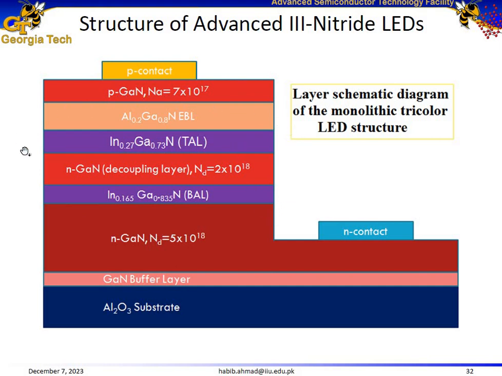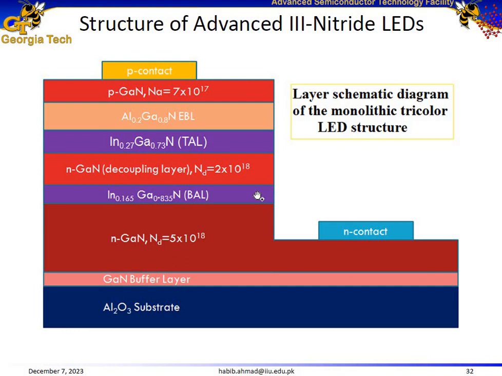And the active region which gives us light is composed of indium gallium nitride with a 16.5% indium content, and then this barrier layer, and then another indium gallium nitride layer which has an indium content of 27%, and then an aluminum gallium nitride electron blocking layer.